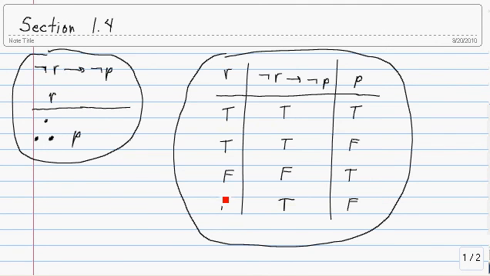This is one of my hypotheses, and this is the other hypothesis. So I'm only looking at cases where both of those hypotheses are true. A truth table is a real quick way to see that the only two cases where both hypotheses are true is the first two rows.